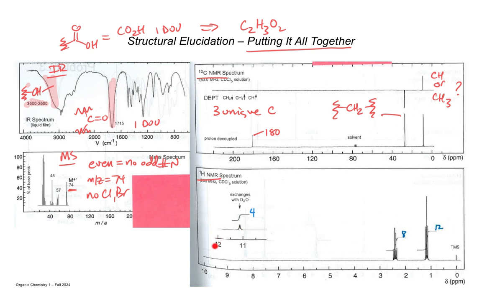This thing from 12 to like 10 right here is a blow up. If we count that as a unique signal, how many total signals are there in the proton? So 1, 2, 3.